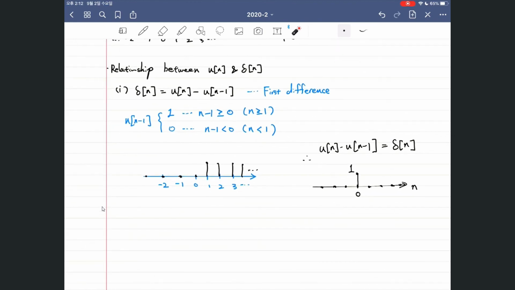And one more relationship exists between the unit step and the delta function, the impulse function. That is, on the contrary, expressing the unit step by the delta function.